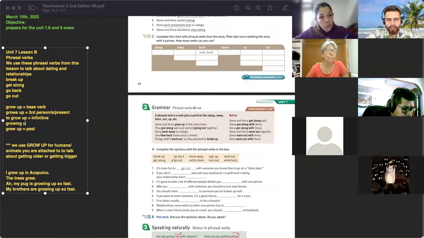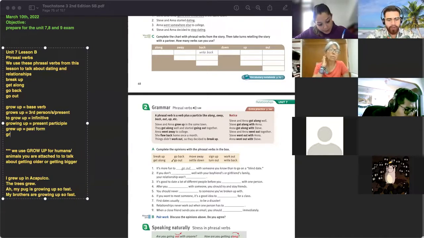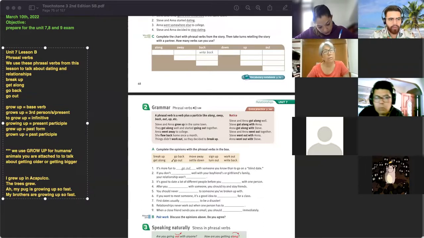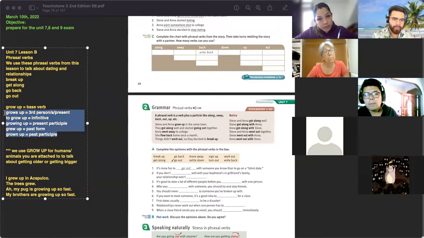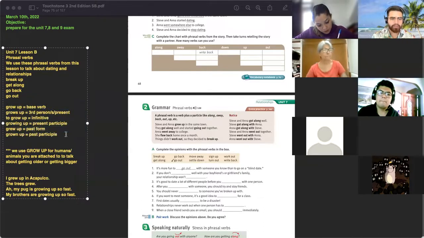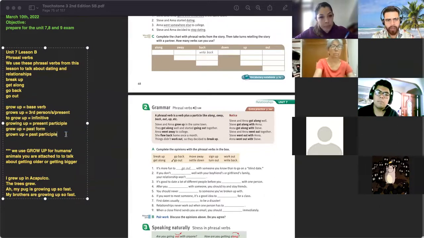Growing up is the present participle. Grew up is the past form, and grown up is the past participle. Okay, just so you can keep that in mind, because it's such a common verb.